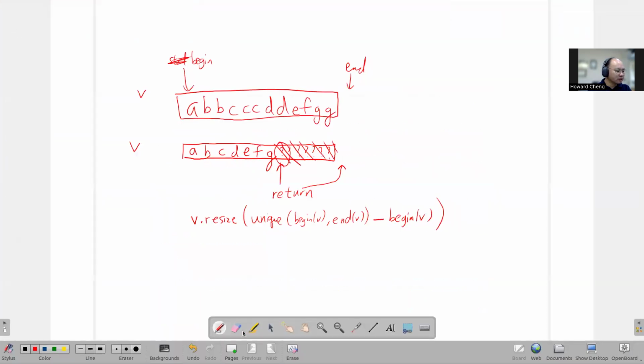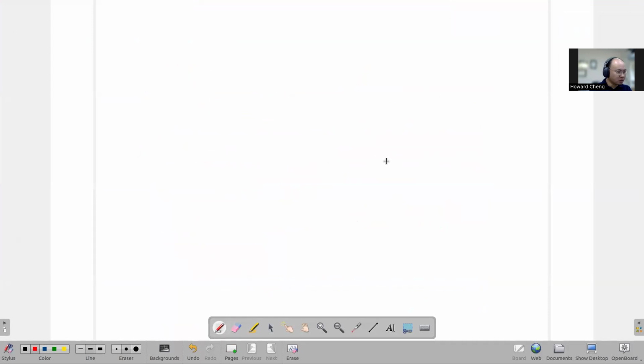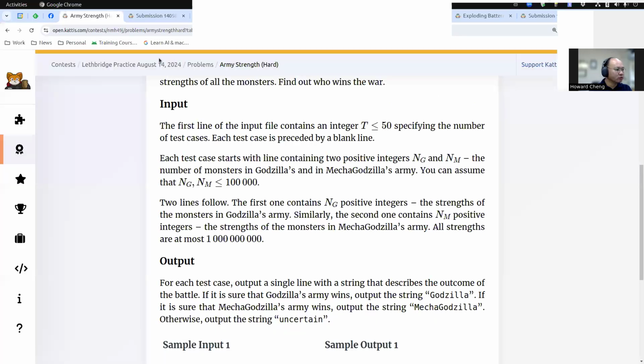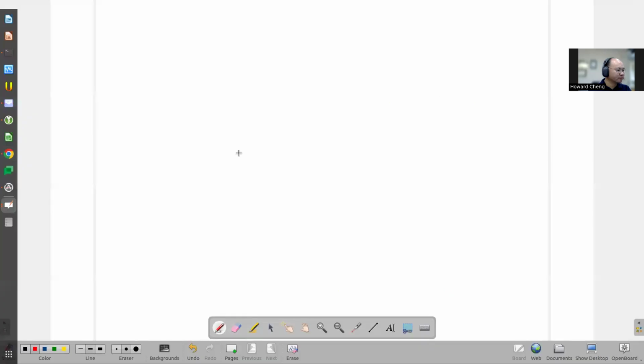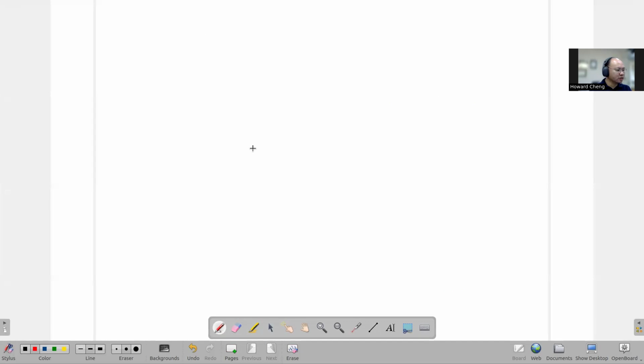So this is a classical problem where you want to continuously, repeatedly do something. And what is it that you want to do?